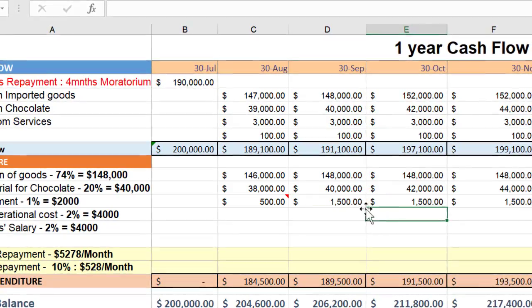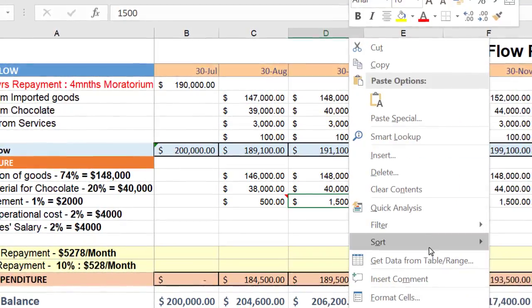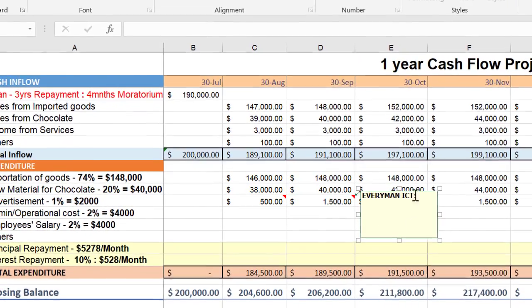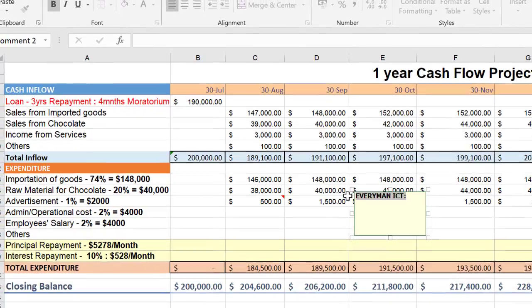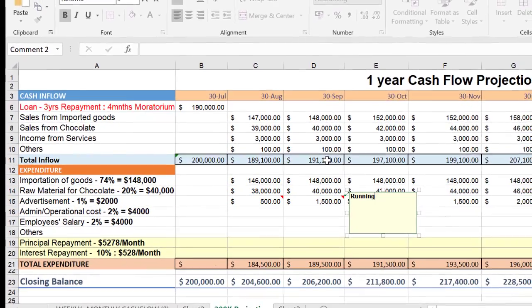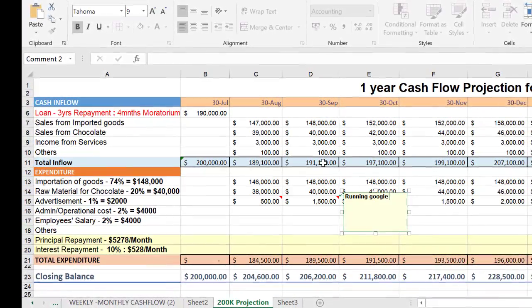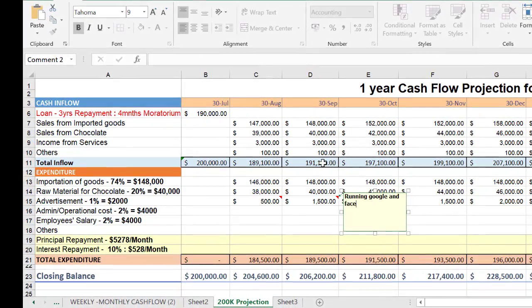All right, so subsequent months you can right click and indicate this is for running probably Google ads, and probably Facebook ads. Okay, like so.